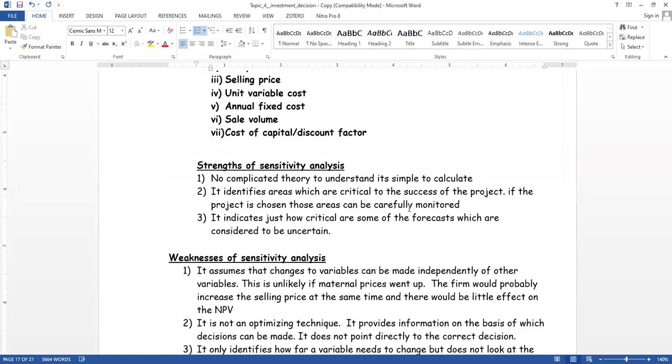Any activity that you see will affect your sales revenue, you don't tolerate it.